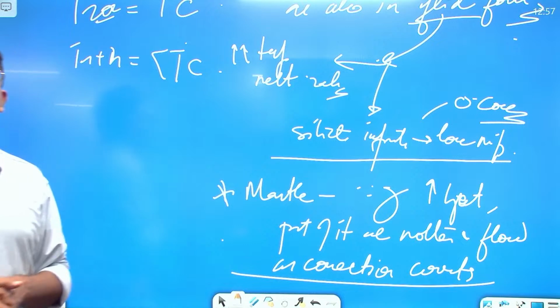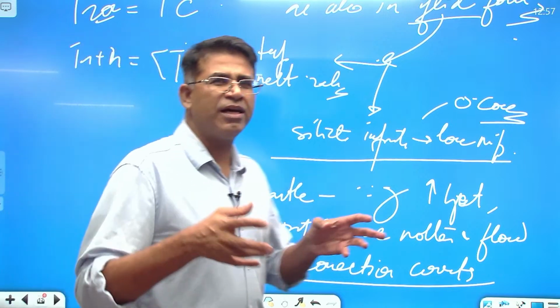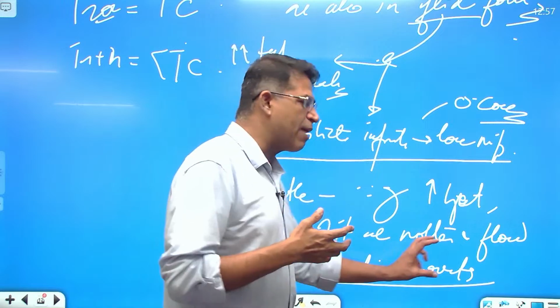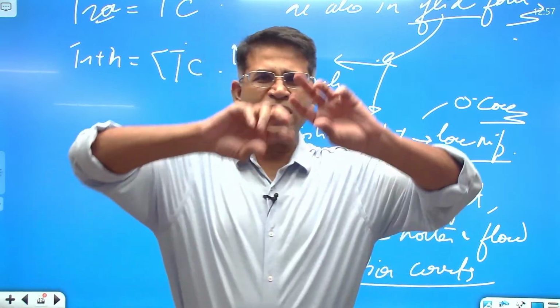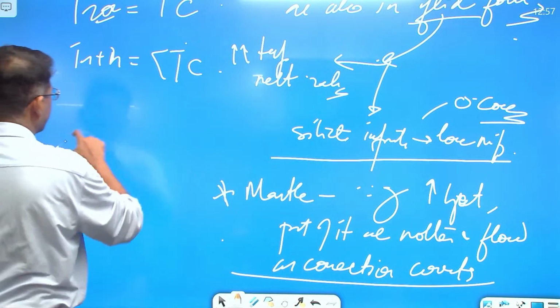When I use the word convection current, I basically mean there's some kind of circulation going on. Okay, this is the mantle.